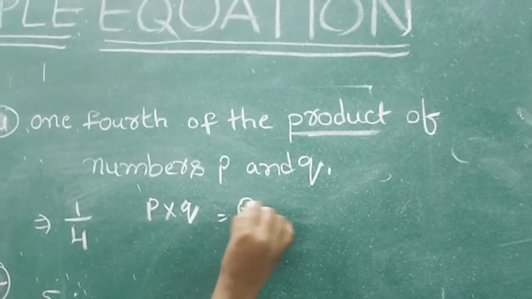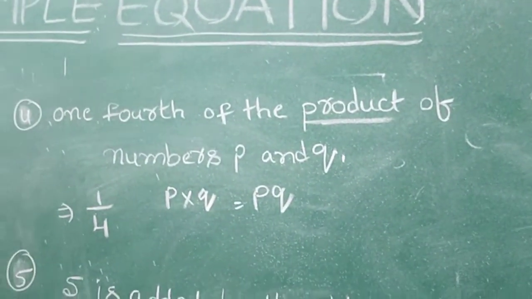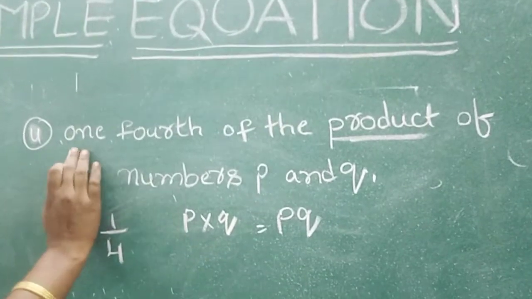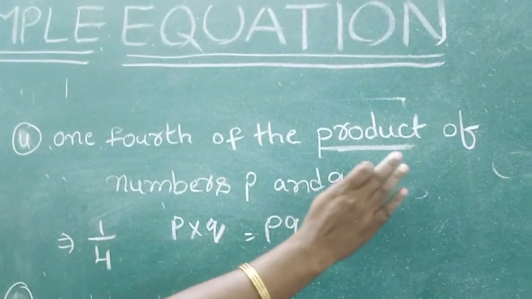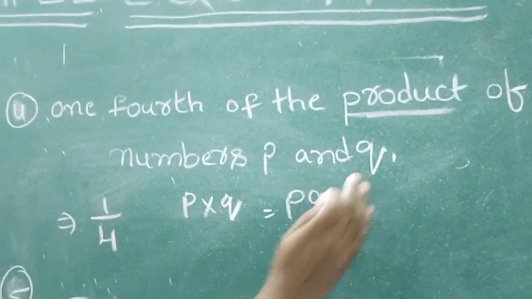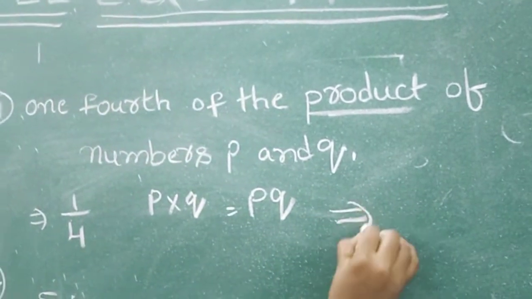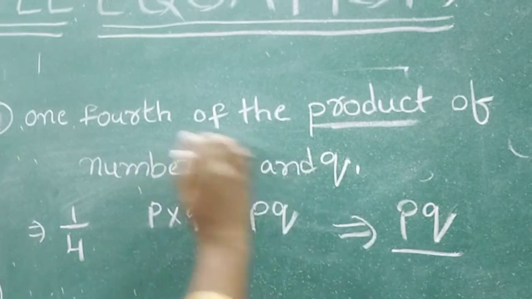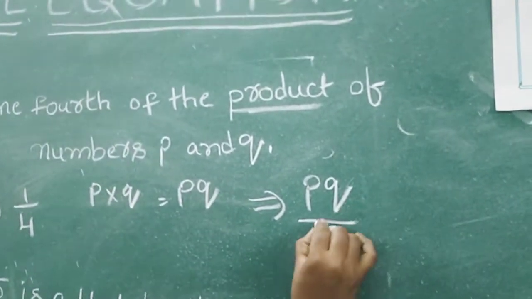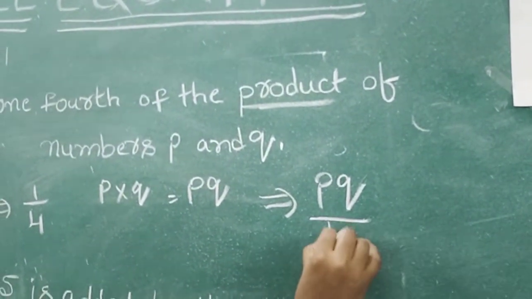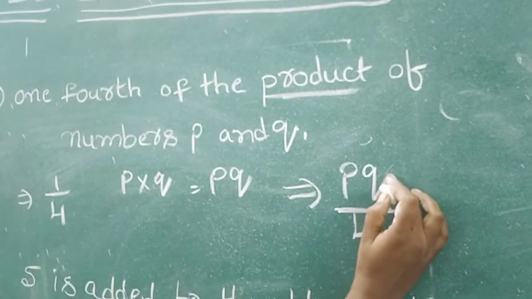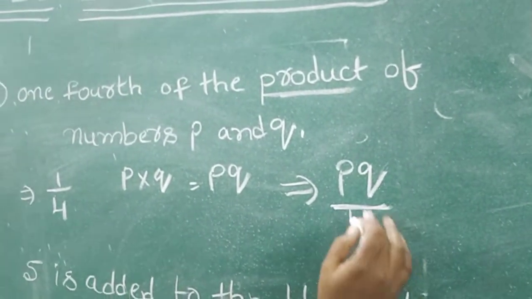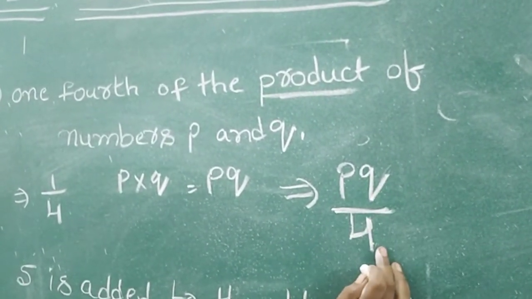That is pq. 1/4 of the product of numbers p and q. The answer will be pq by 4, that is pq by 4.